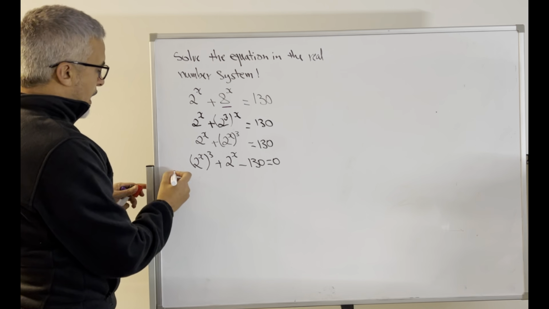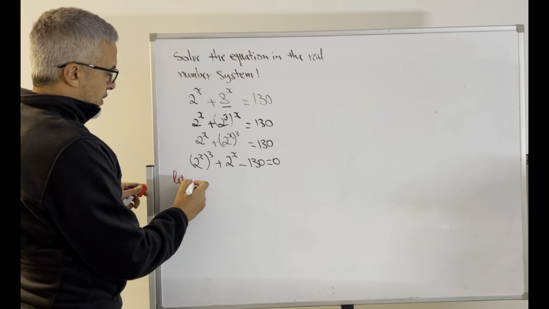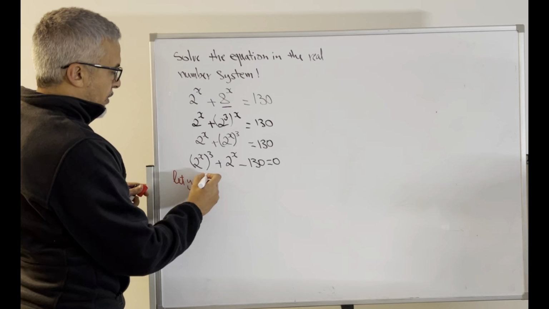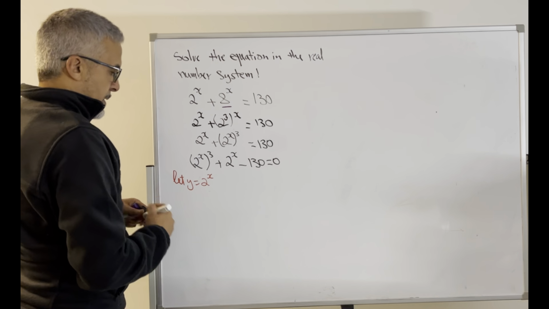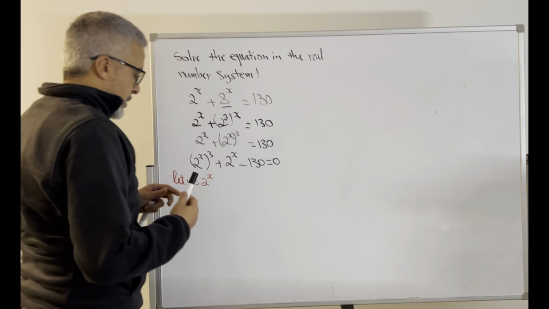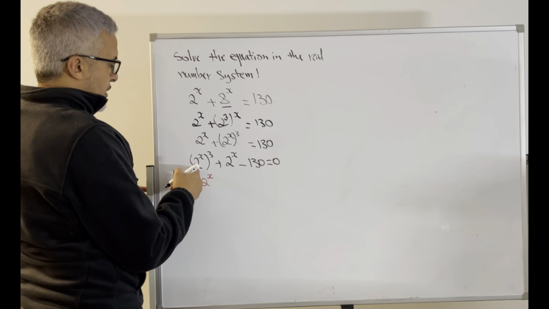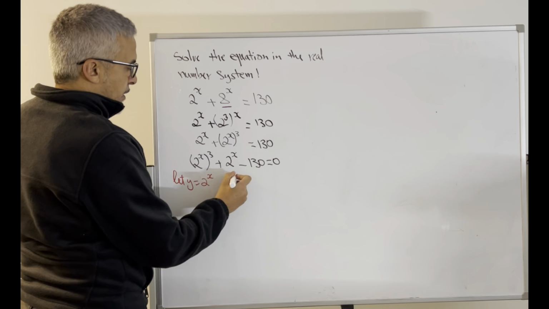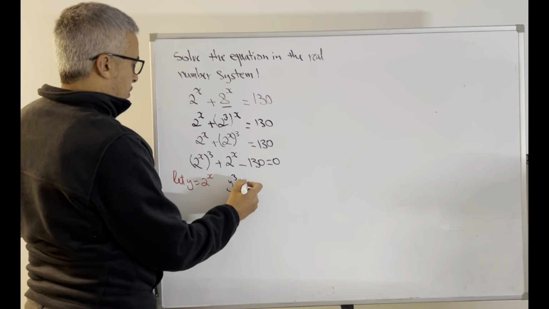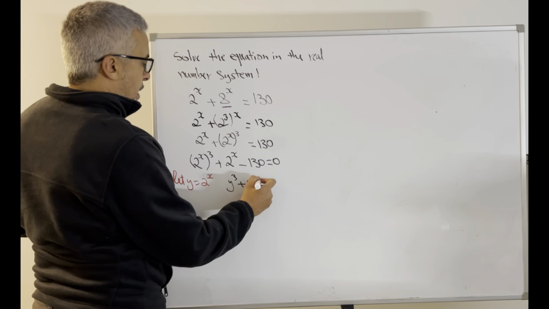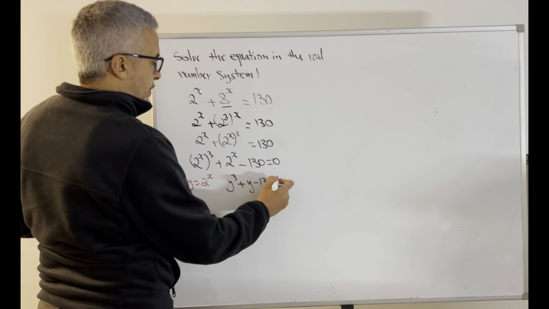Now I'm going to let y equal 2 to the power of x. And therefore, I could rewrite this equation here as y cubed plus y minus 130.